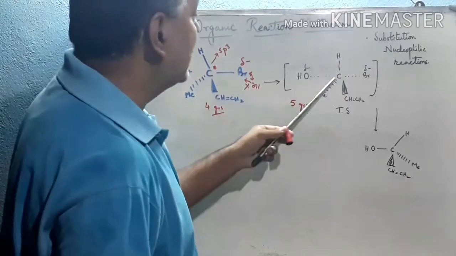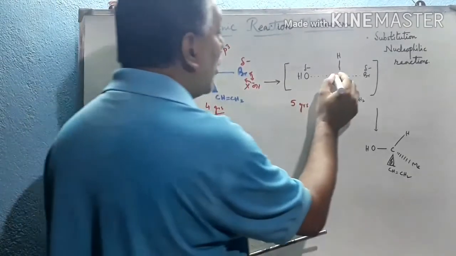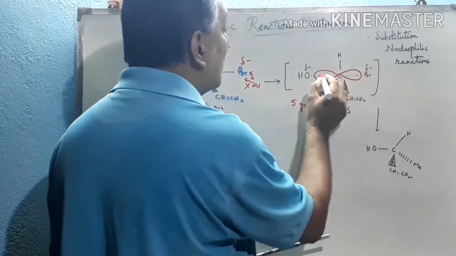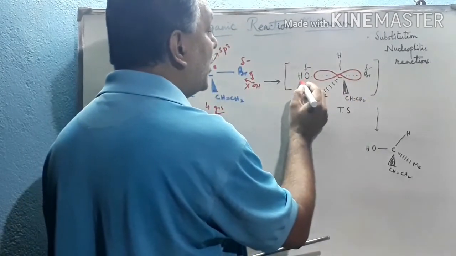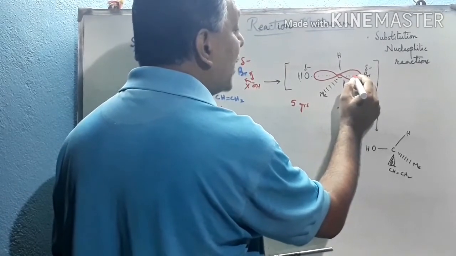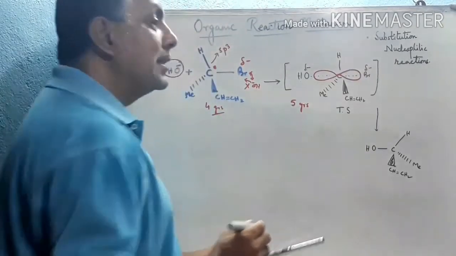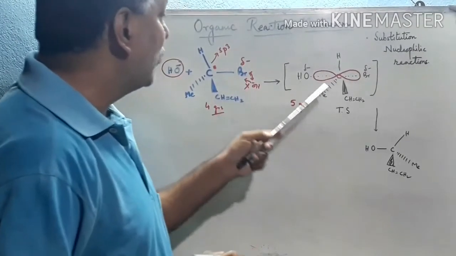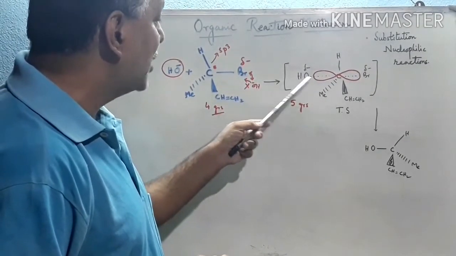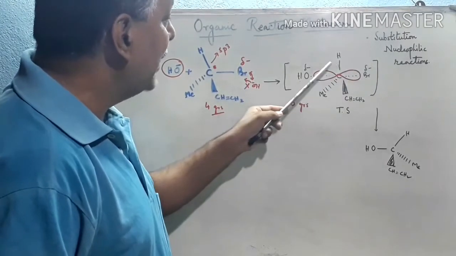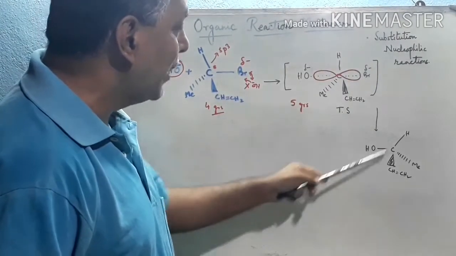Now in this state, see, one lobe of the p orbital is occupied by the OH group. It slowly approaches toward the carbon, and from the other lobe Br releases. This is the transition state, and after this state OH minus forms a strong bond from the back side and Br releases from the front side.